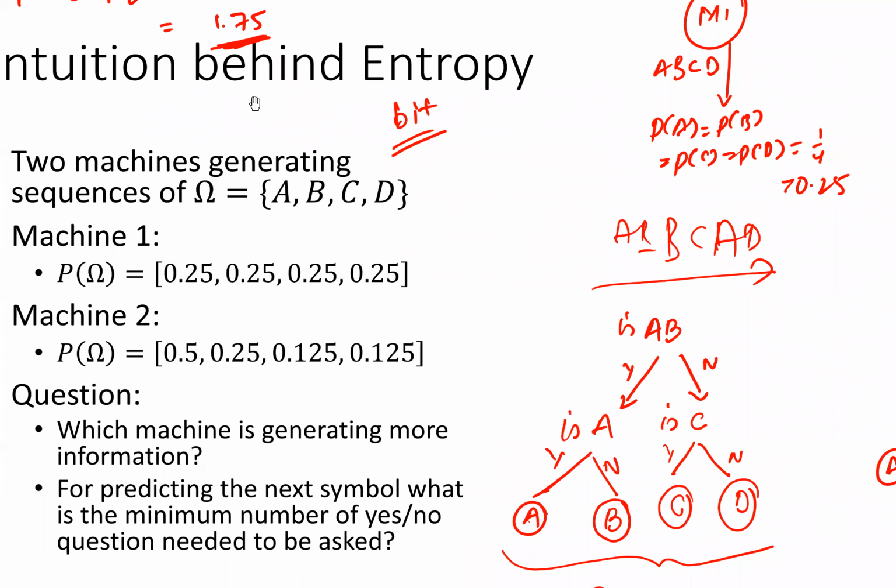That means if we have to generate 100 symbols, then in case of machine number 1, we have to ask 200 questions.